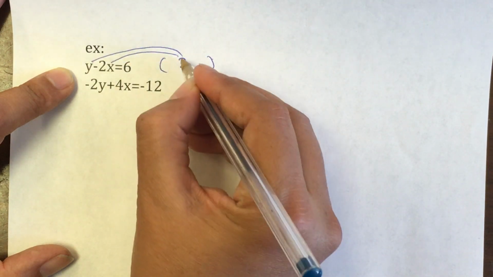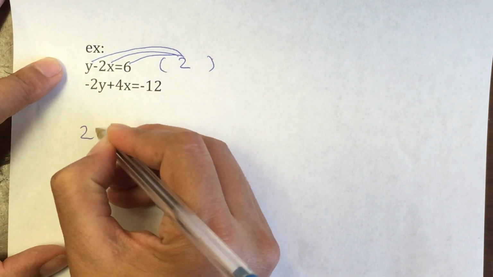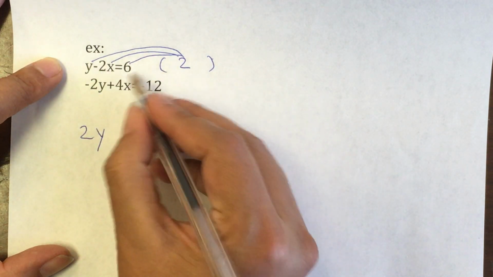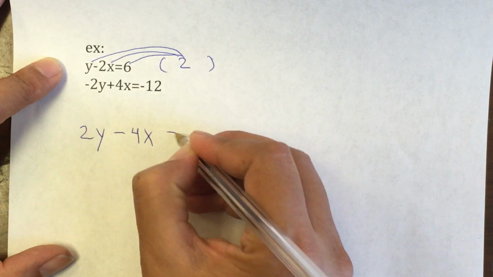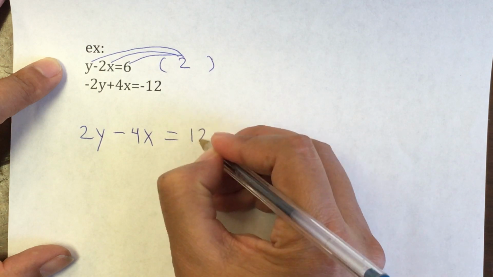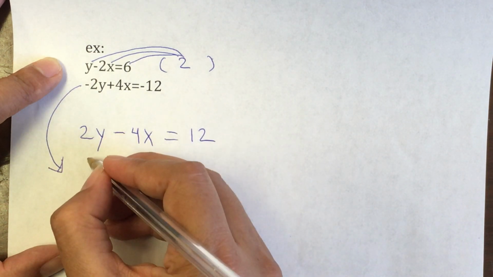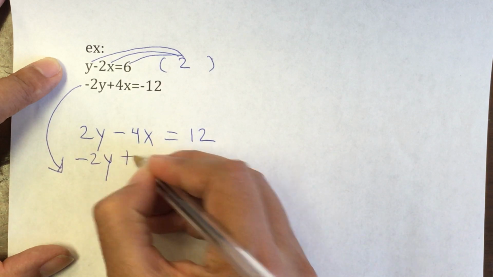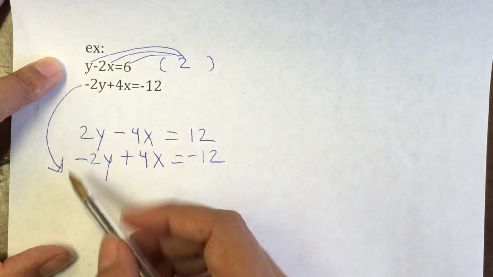So I will multiply every single term, and so it's going to be 2 times y is 2y, 2 times -2x is -4x, 2 times 6 is 12. And so I'm just going to copy the second one. So it's -2y, +4x, -12.